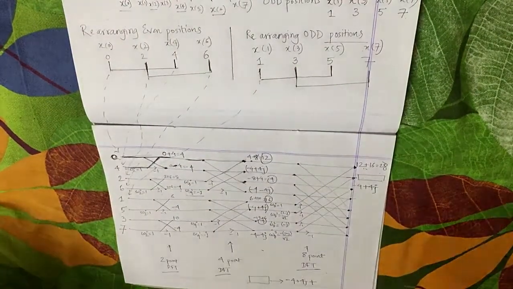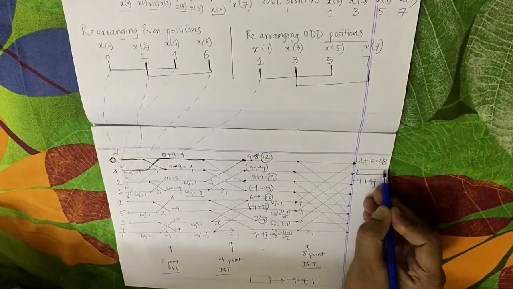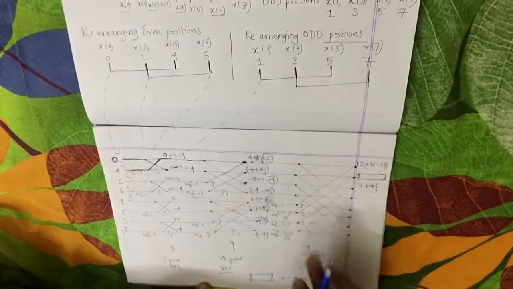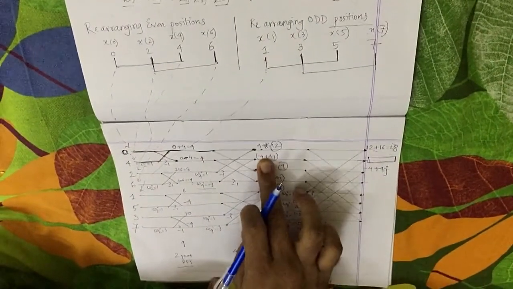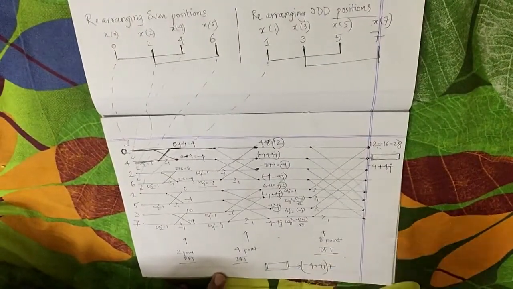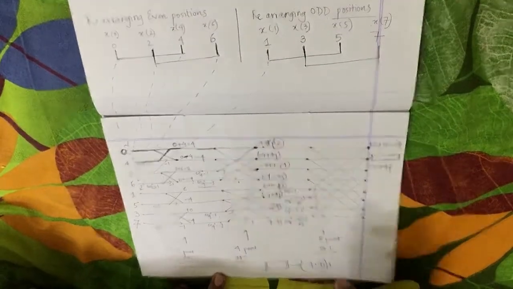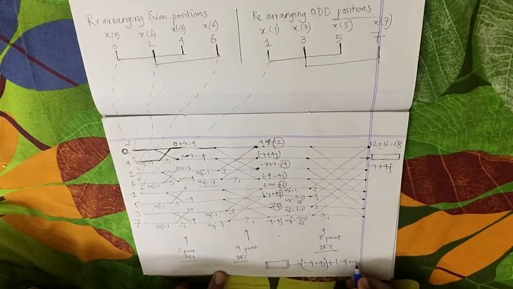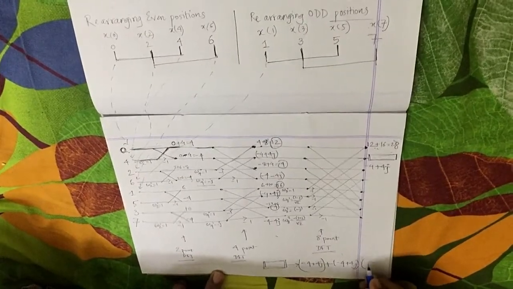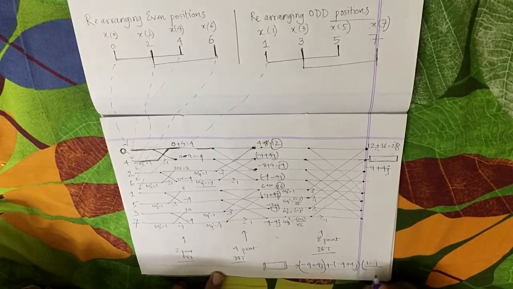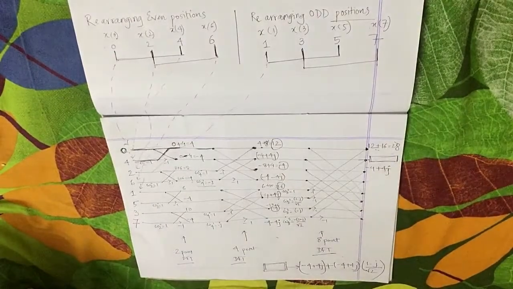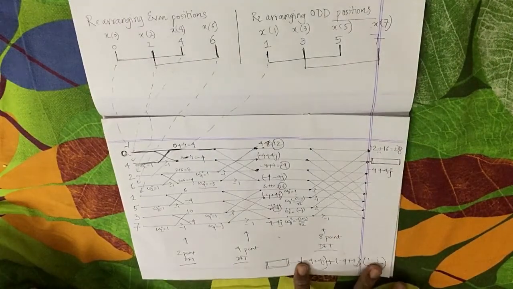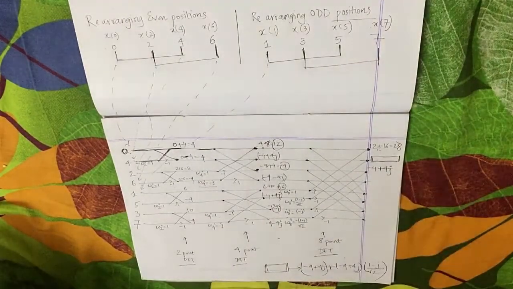If I show you the solution of this box, here you can write from the straight path we are getting minus 4 plus 4j, addition, then add this value, that is minus 4 plus 4j multiplied with 1 minus j over root 2. Fine, this is the answer that we will be having in this box.